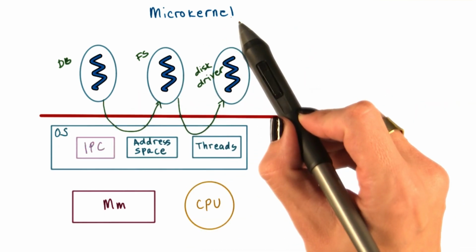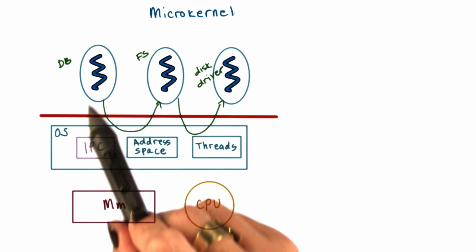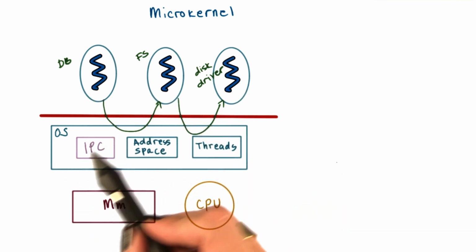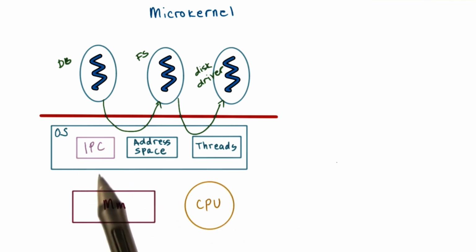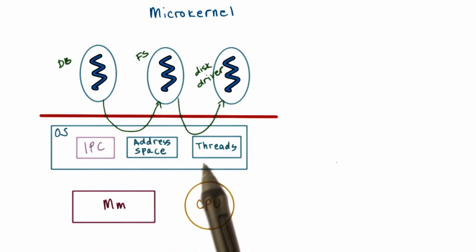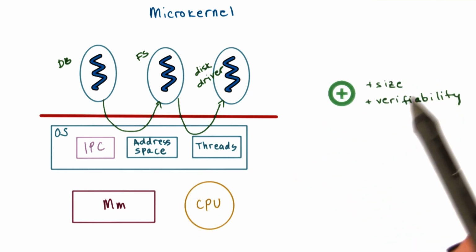For this reason, this microkernel-based organization of operating systems requires lots of inter-process interactions. So typically, the microkernel itself will support inter-process communications as one of its core abstractions and mechanisms, along with address spaces and threads.